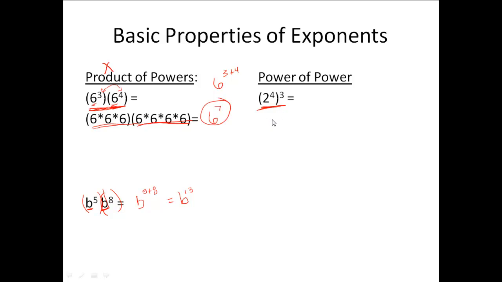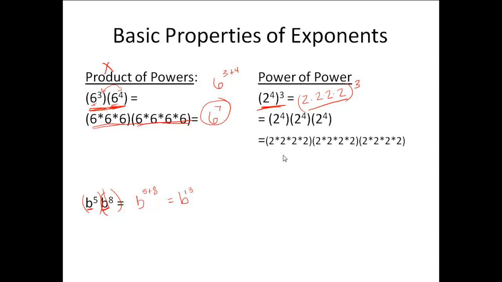Well, if we think in terms of multiply, the 2 to the 4th is really 2 times 2 times 2 times 2. And I have that raised to the 3rd power. So that means I have this group of 2's 3 different times. Now if we go through and we count all these up, I'm going to end up with a total of 12 of these 2's.